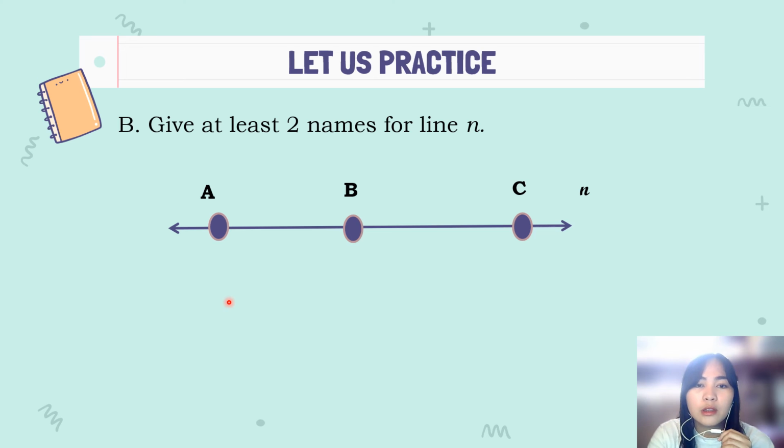In this example, we have line BC, and what else? We have line AB. Do not forget the arrows above, two arrows left and right, in naming our line. So line N can also be named line AB or line BC.